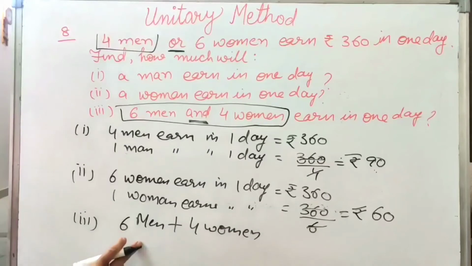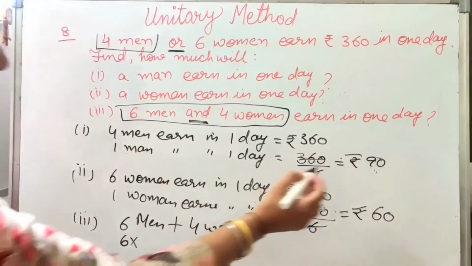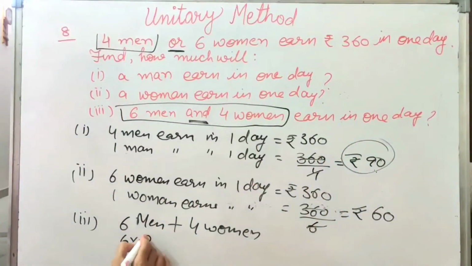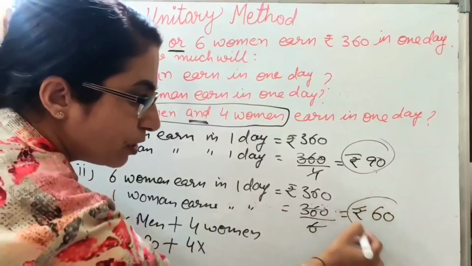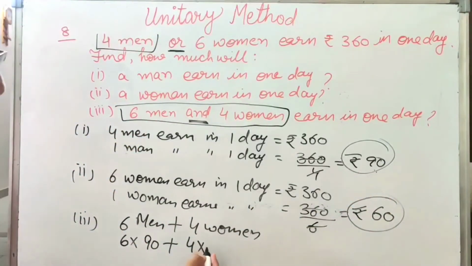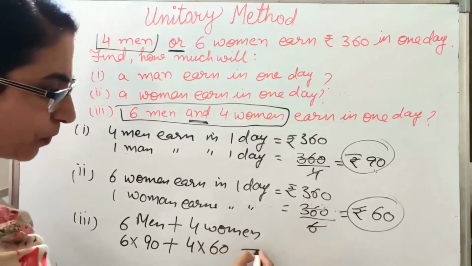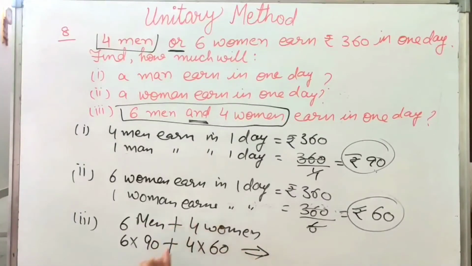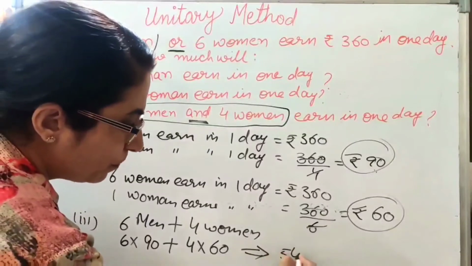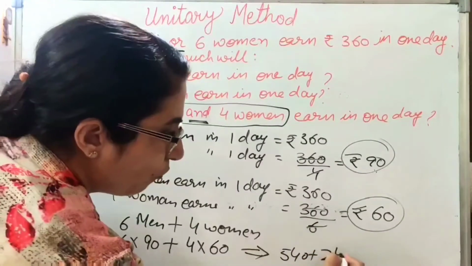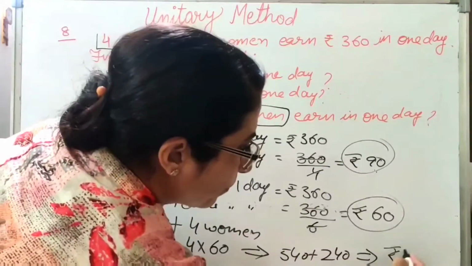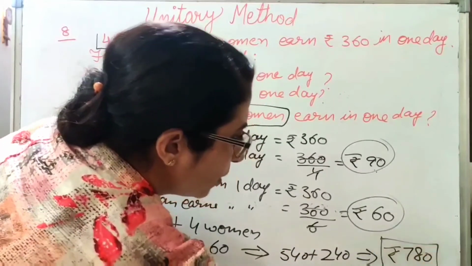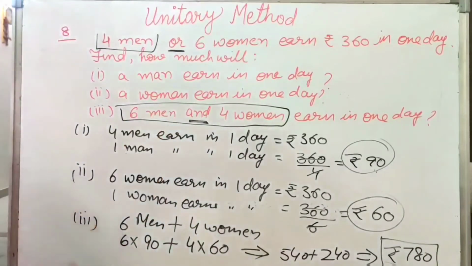The total earning is 6 multiplied by 90, the earning of 1 man, plus 4 multiplied by 60, the earning of 1 woman. That is 540 plus 240, which equals rupees 780. So 780 is the total earning of 6 men and 4 women.